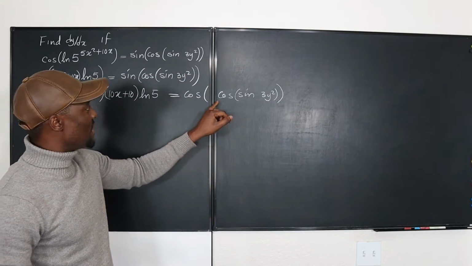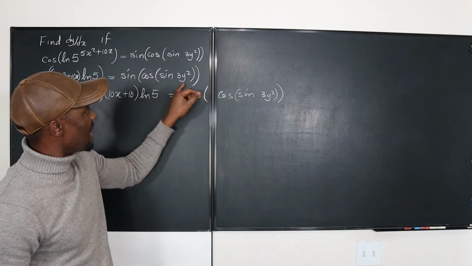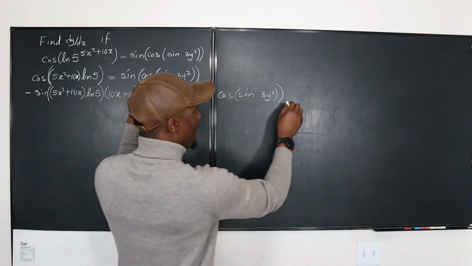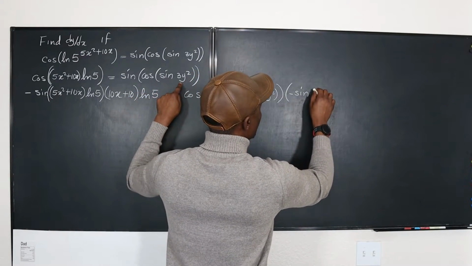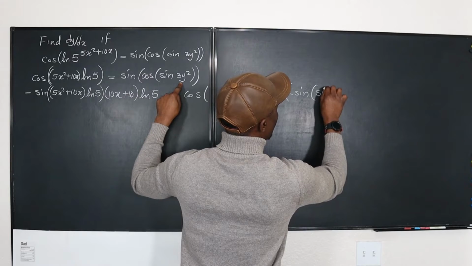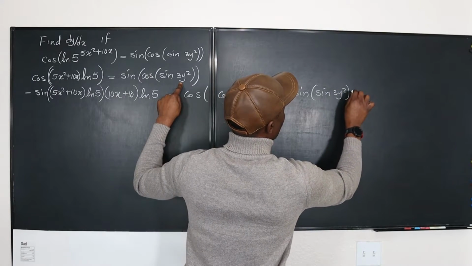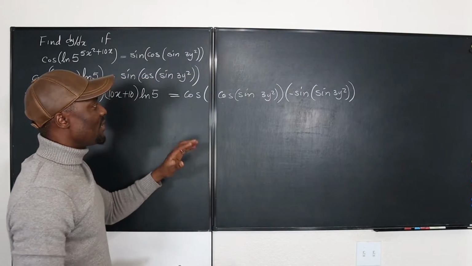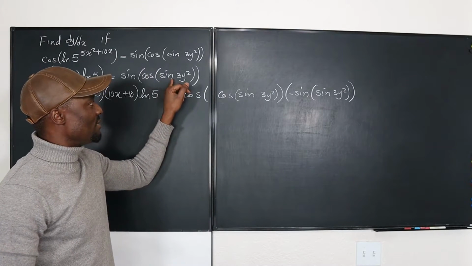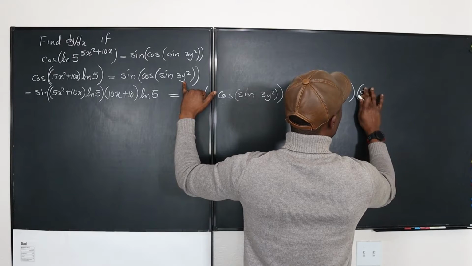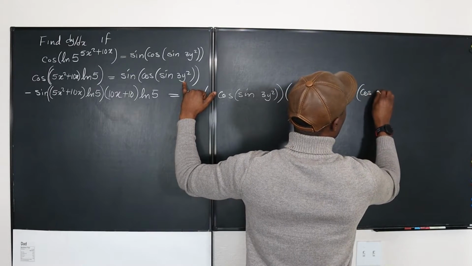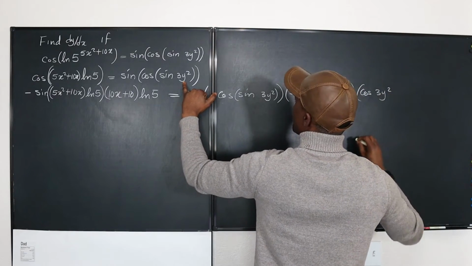The second step is you now have to take the derivative of the inside, which is now going to change this to minus sine. So you're multiplying by minus sine of, leave this argument, sine 3y squared. And thirdly, you go inside and take the derivative of sine, which is going to be cosine of 3y squared.